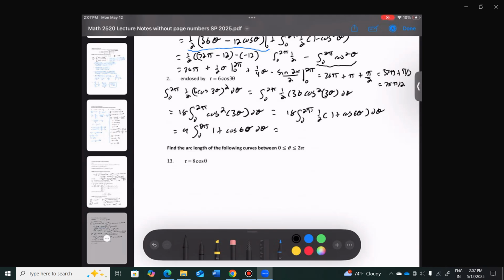Right, so 9 times theta plus sine of 6 theta over 6, evaluated from 0 to 2 pi. And so this would be 9 times 2 pi, and when I put 2 pi in sine, I get 0. And everything else is 0, so 9 times 2 pi, so 18 pi.